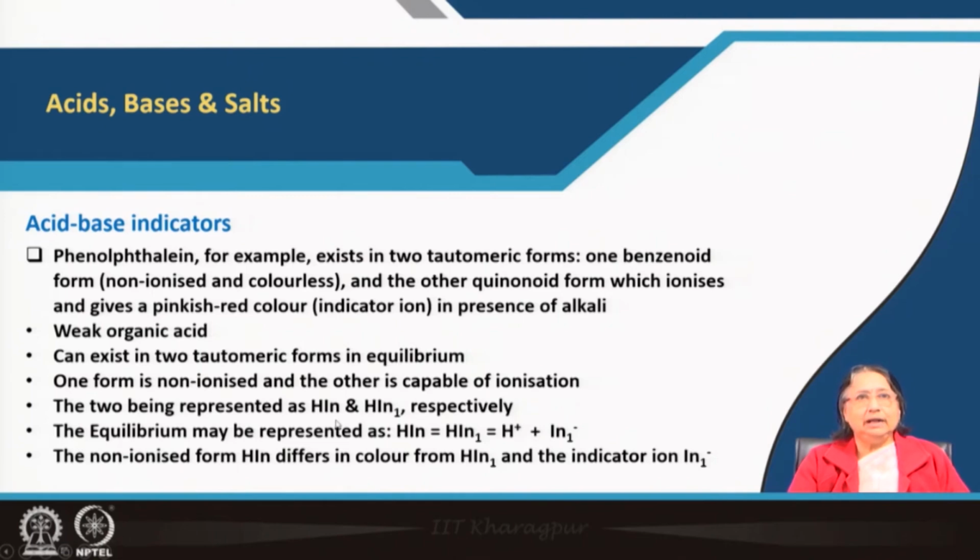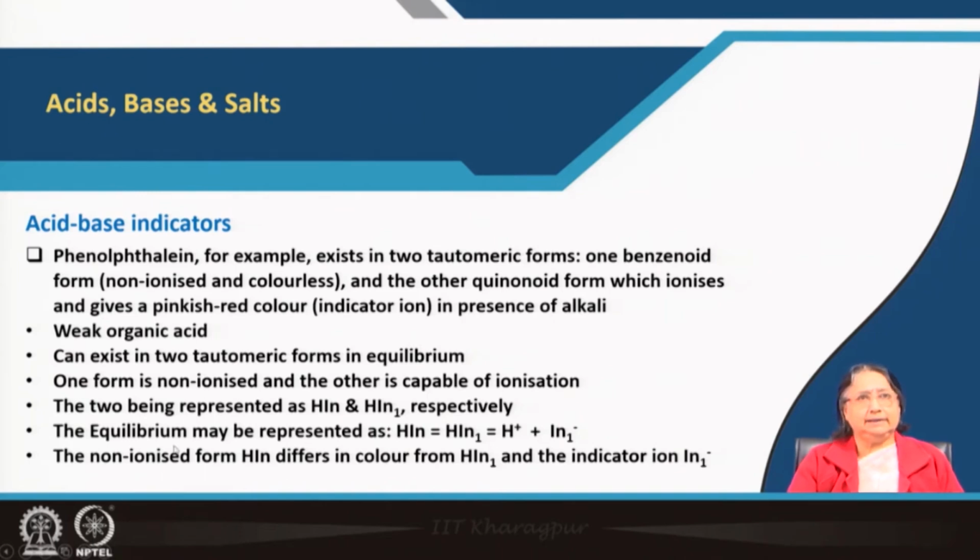Now, if we represent the non-ionized form as HIn and the ionizable form as HIn', then there is an equilibrium between HIn and HIn', and HIn' immediately dissociates because it is the ionizable form. So, it can dissociate into H plus ion and In' minus ion.